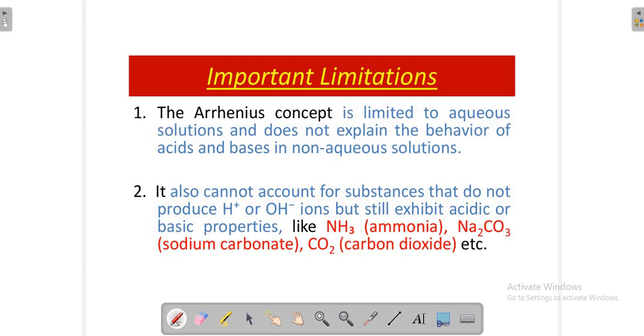But Arrhenius theory cannot explain some concepts like why ammonia is basic, why sodium carbonate is basic, why CO2 is acidic, and why SO2 is acidic. And so these are the limitations. Arrhenius concept is limited to aqueous solution, and it does not explain the behavior of acids and bases in non-aqueous solution.